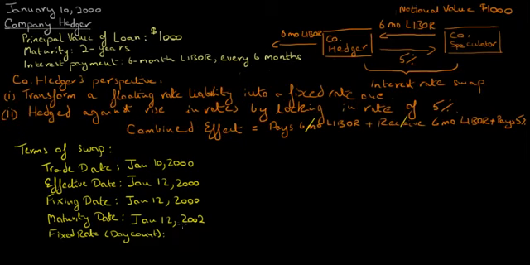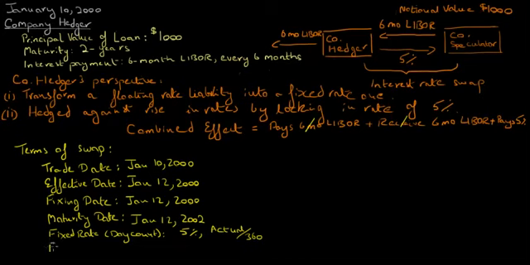So in this example, fixed rate is 5% per annum, and day count convention is assumed to be actual over 360. So interest payment is calculated by looking at the actual number of days in a swap period and dividing that by a reference period of 360 days.